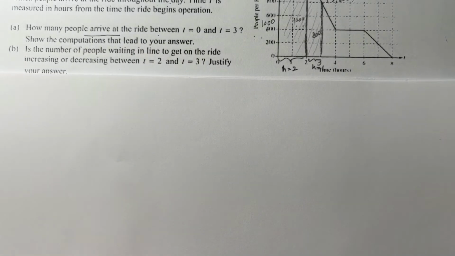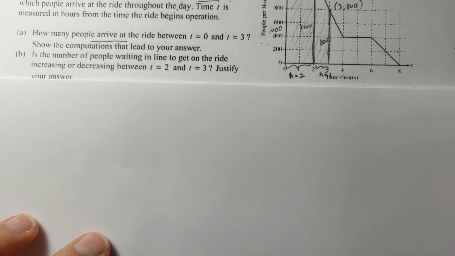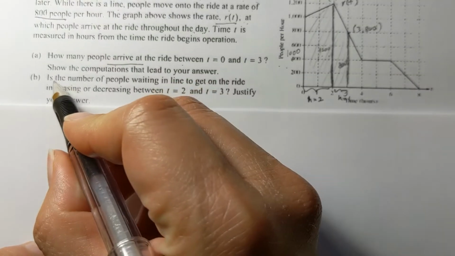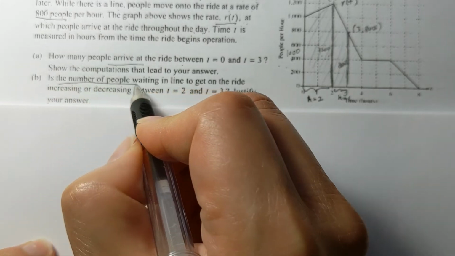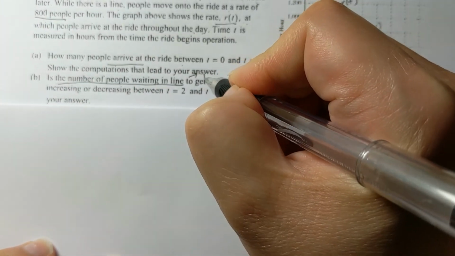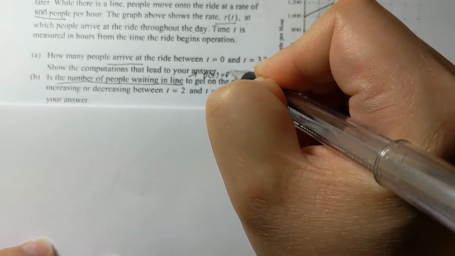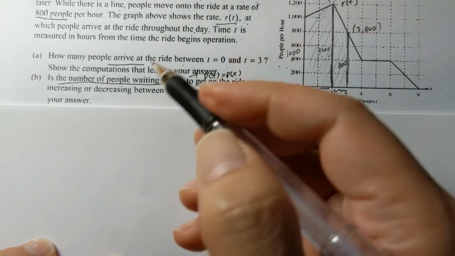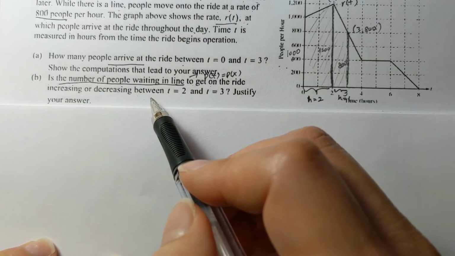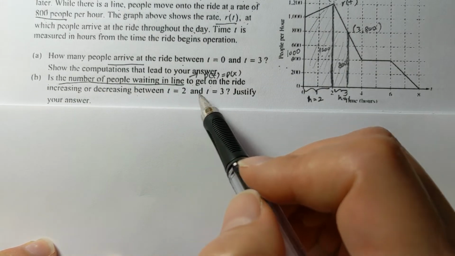Let's take a look at part B. It asks about the number of people waiting in line. The number of people waiting in line is basically P of t or P of x. Is it increasing or decreasing between t equal 2 to t equal 3?